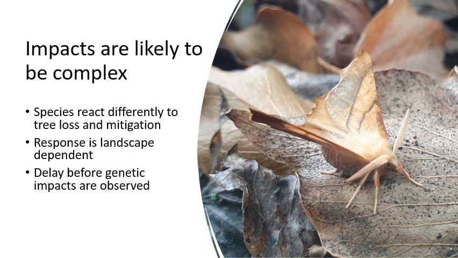We also expect the response to depend on the landscape. In areas where woodlands are very spread apart, these small patches of trees outside of woodlands are particularly important, and we're likely to see delays before genetic impacts are even observed. All of this makes it very difficult to answer any question regarding connectivity.